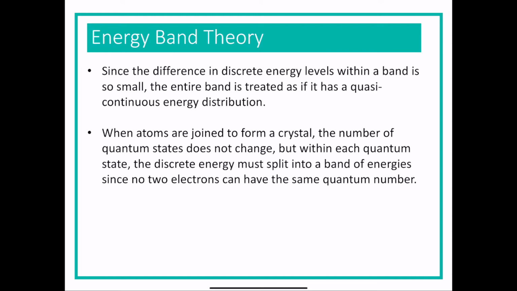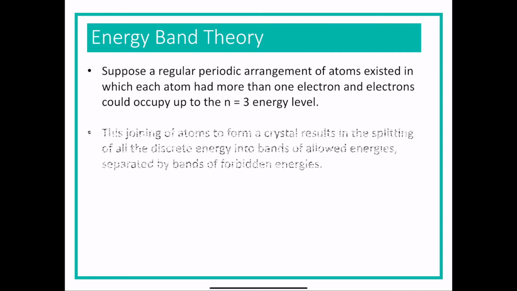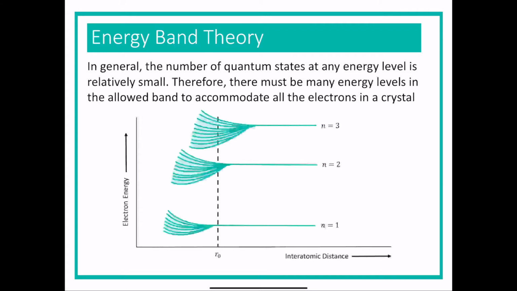So let's say we have an atom with more than one electron, and they can occupy up to n equals 3. So there could be n equals 1, n equals 2, n equals 3. We join all those atoms together, and all the energy levels split in some way to accommodate this.